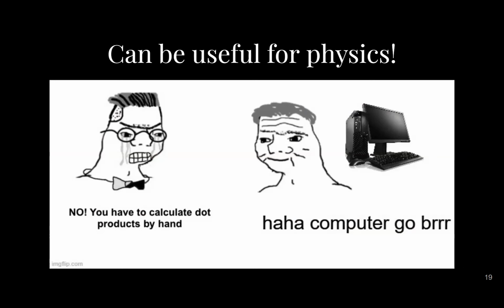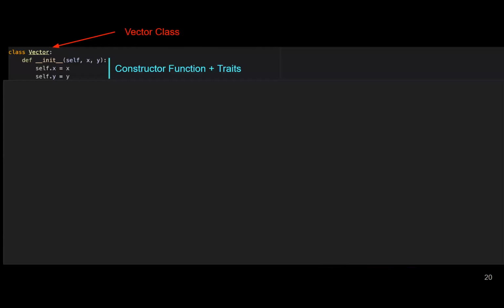But we can make a very easy way to represent vectors, as an example, with object-oriented programming. We can define a vector class like this, and let's just stick to 2 dimensions for now. We'll keep it simple. What does a vector have? It has an X component and a Y component, so we can create a vector using just these traits.